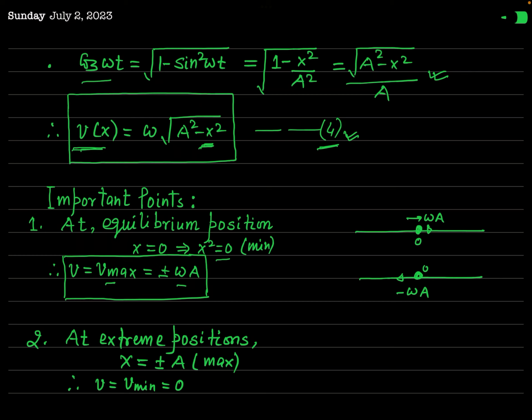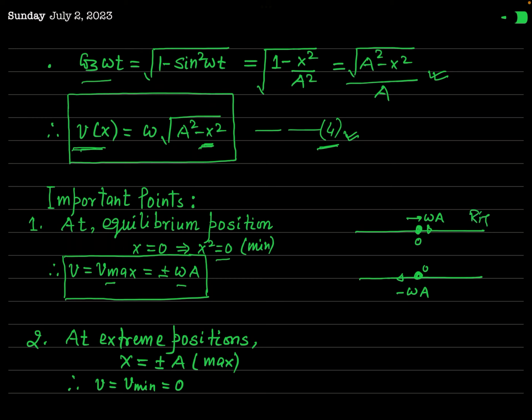This minus sign does not affect the magnitude of velocity. It is for the direction of velocity. Actually, we take the velocity equal to plus omega A when the particle passes through the equilibrium position and moves towards the right.